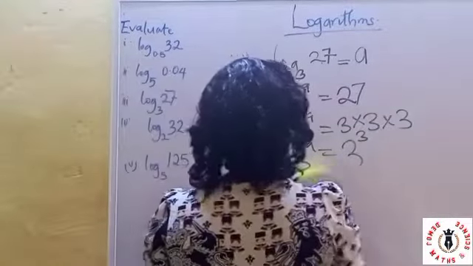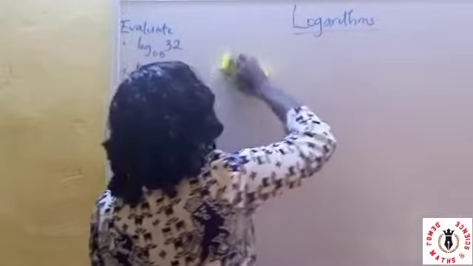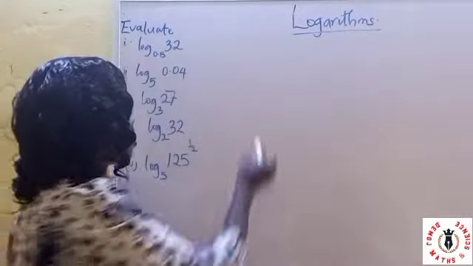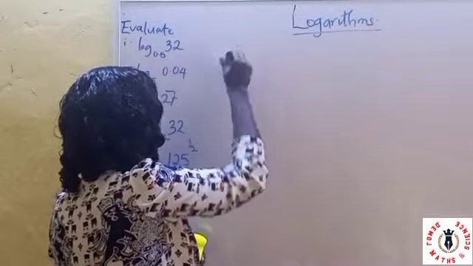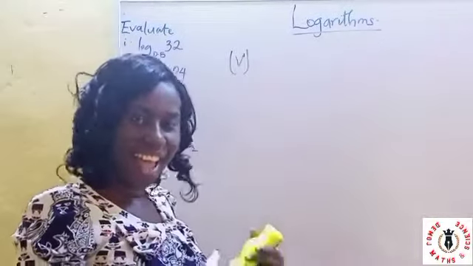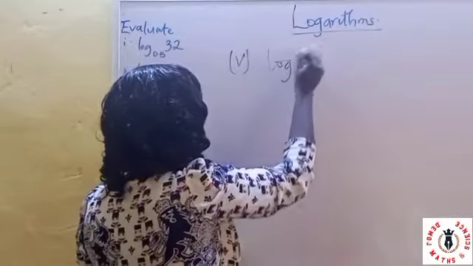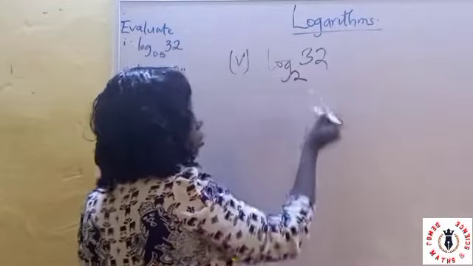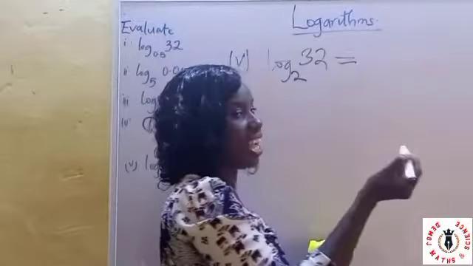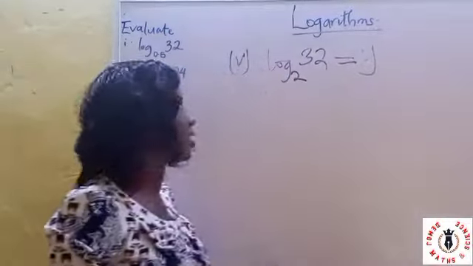Let's see question 4. I'm sure it's getting easier as we try. It says log 32 to the base of 2. Once again, I can decide to use the letter Y, any letter of your choice.